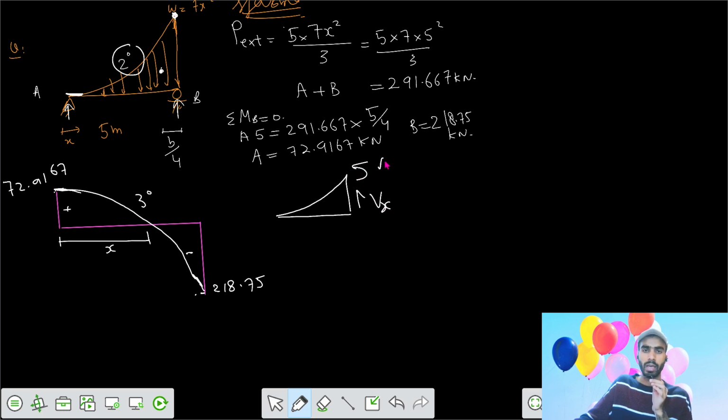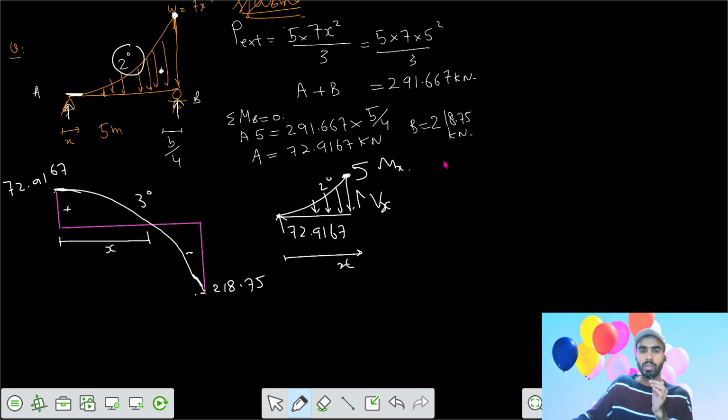Here the moment would be Mx, and we want to write the general equation of shear force and bending moment. Say this was your reaction 72.9167, so length x. This is also a 2 degree curve. Here the intensity would vary with the length.